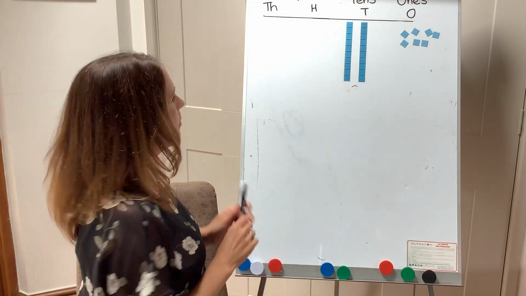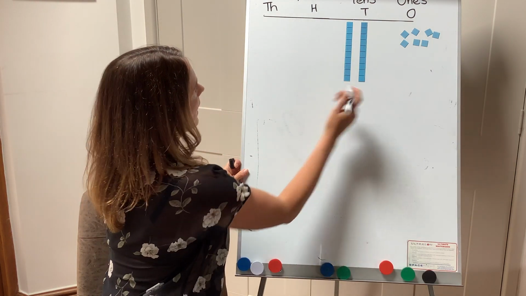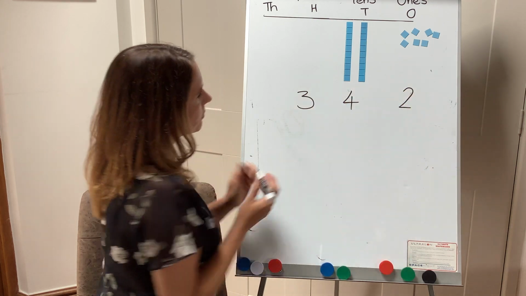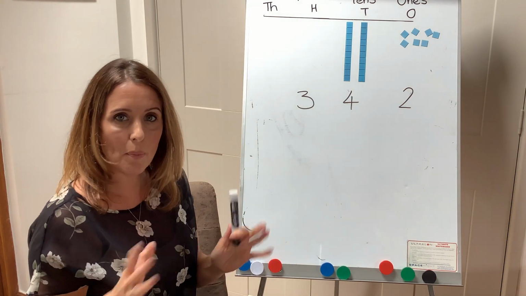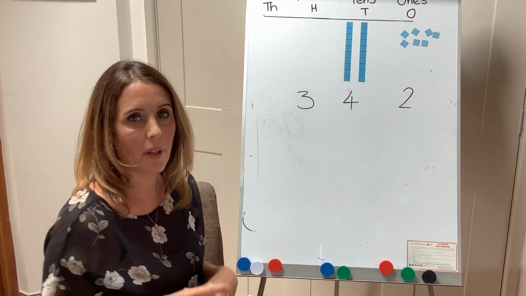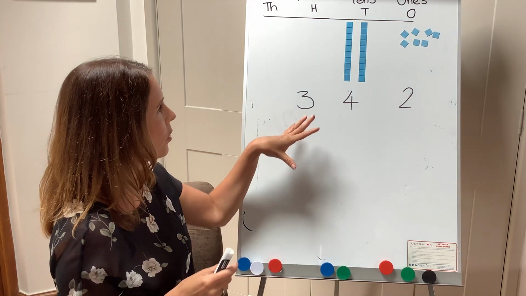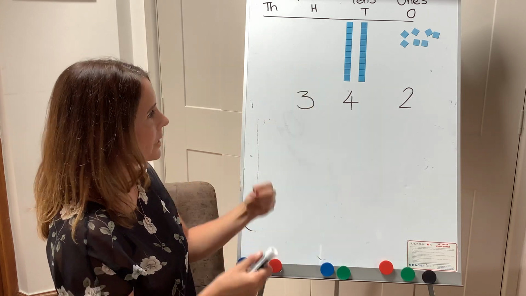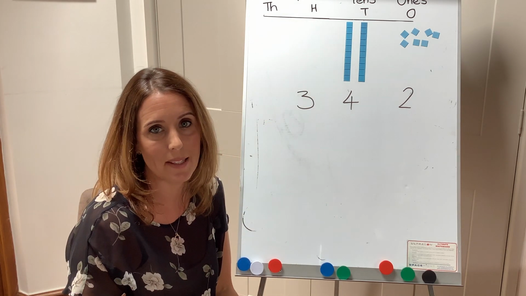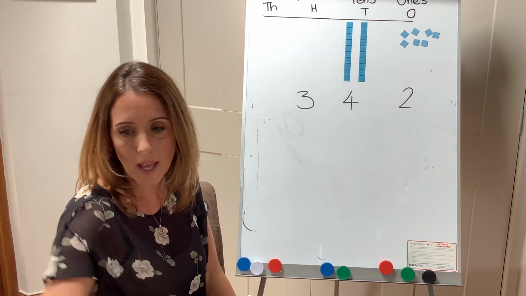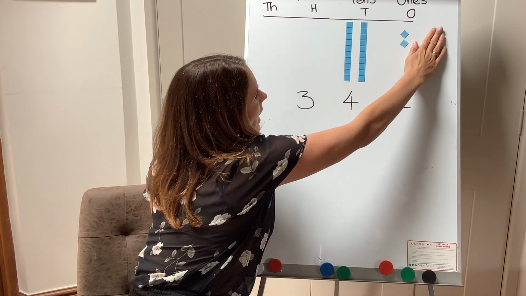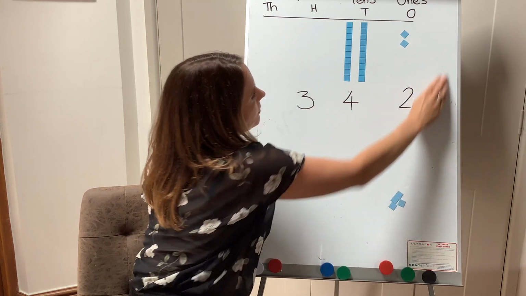So we could have the number 342. Have a go, pause me. How would you make the number 342? Draw the base 10, use the base 10 cutouts, have a go at doing that. Okay, so for the number 342, you would have 2 ones.